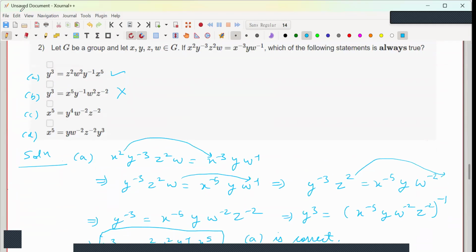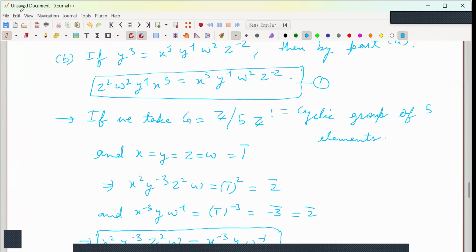Now what about C? So for C, y should commute with z and w, right? If we are under an abelian setup, definitely this will hold. So what we should do is take some non-abelian group to produce a counterexample.